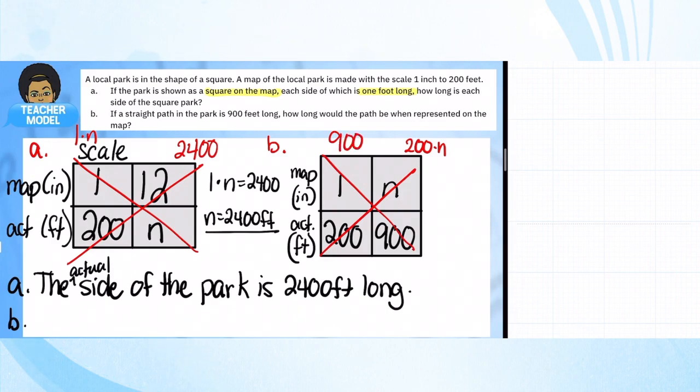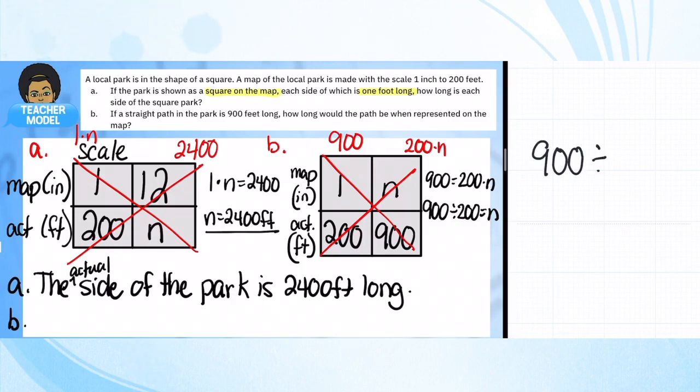So let's write that sentence down. 900 is equal to 200 times the number. Change it to division. 900 divided by 200 gives us that number. Now to save time, I'm not going to do that long division. We're going to use our calculator. 900 divided by 200 is equal to 4.5.